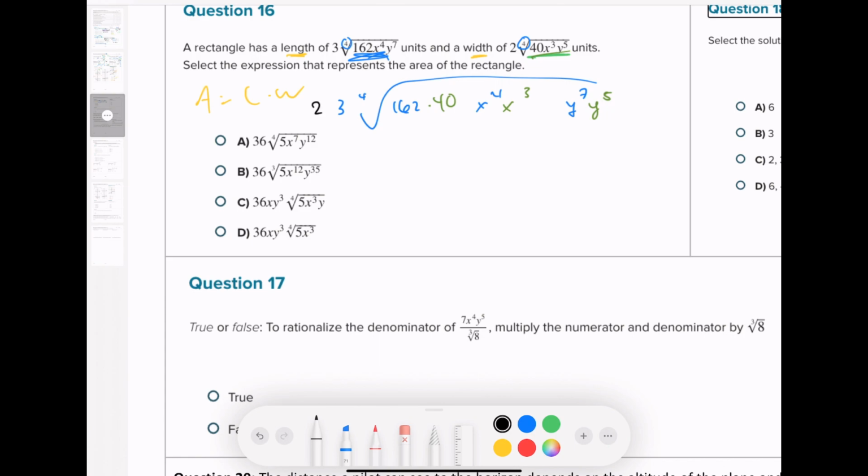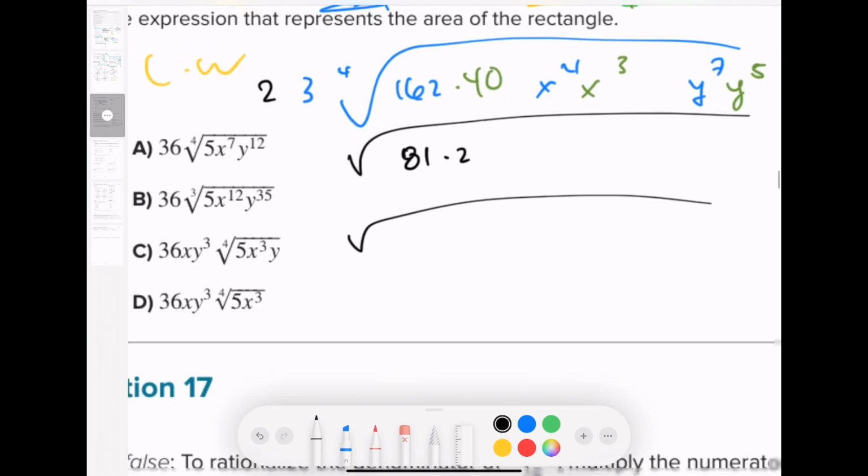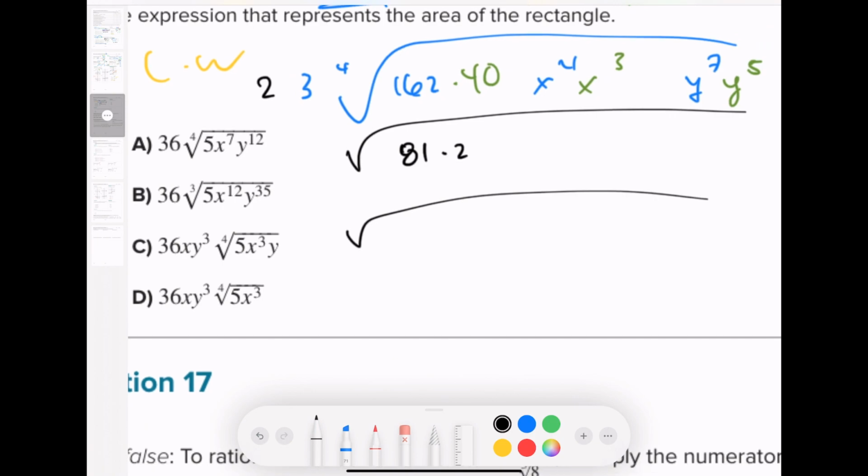Oh, that one had a 2 on the outside. Okay, half of 162 is 81. And 81 is 9.